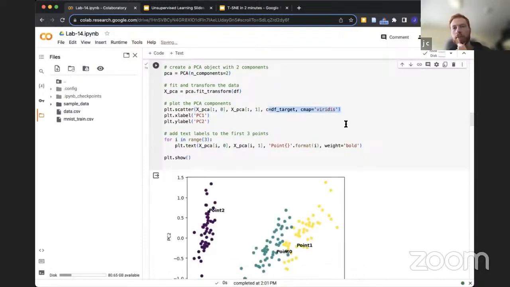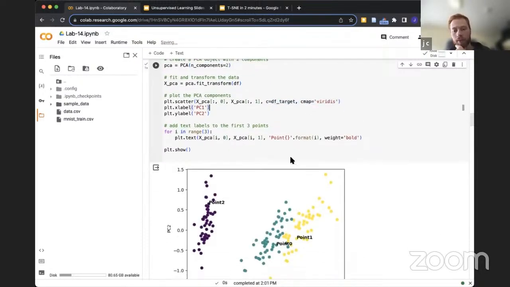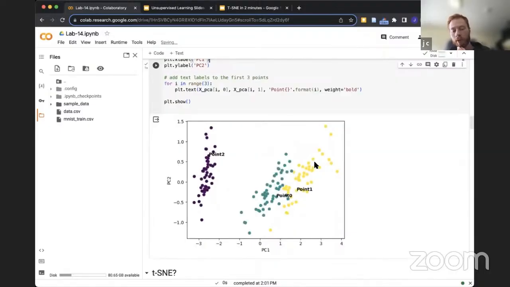So I'm adding now the labels. And we can see now when we plot it with colors, the clusters are quite clear to see. The difficulty in unsupervised learning is you don't have these labels, and essentially want to answer this question just on the data.